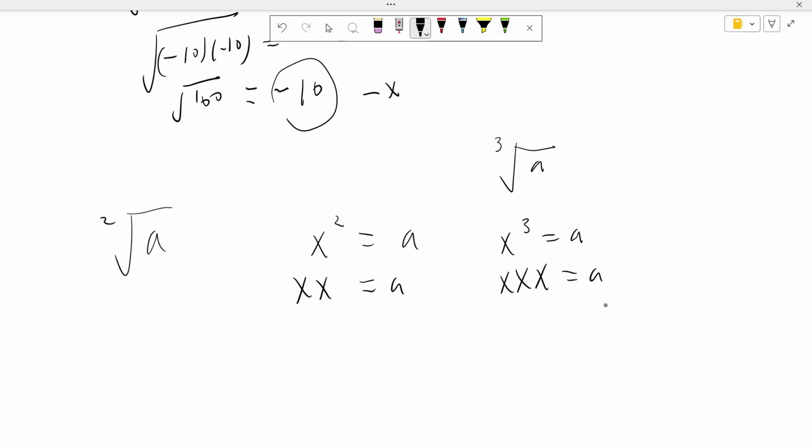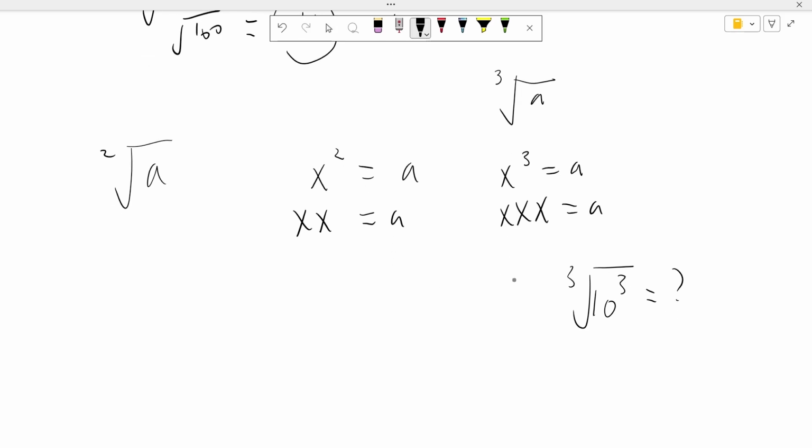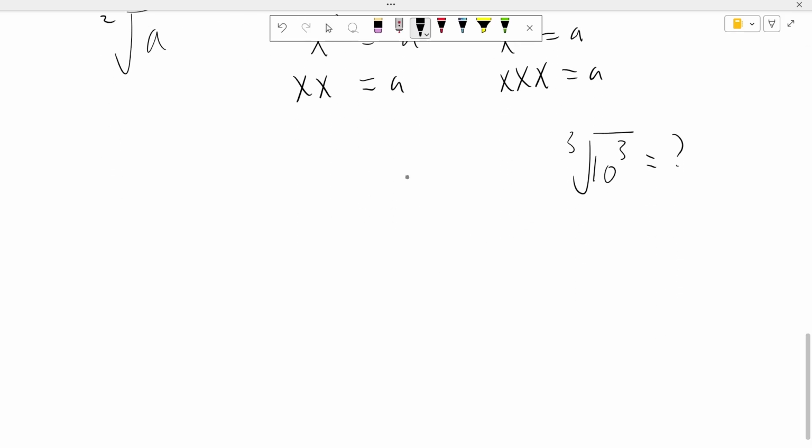To get an easy answer to this, we can use 10 raised to the third power. We can easily find this out because this is asking, so the stuff inside here has 3 zeros, it is 1,000.